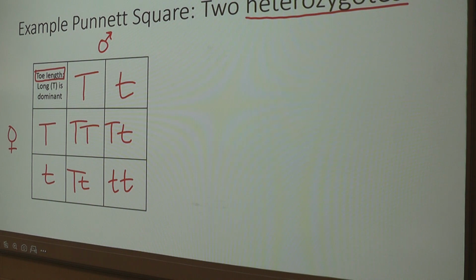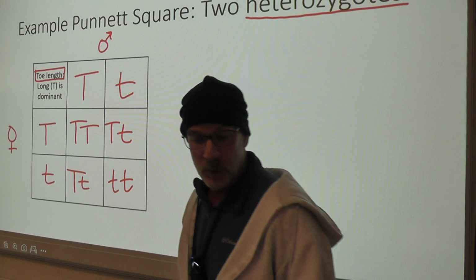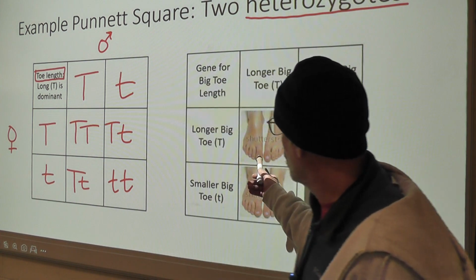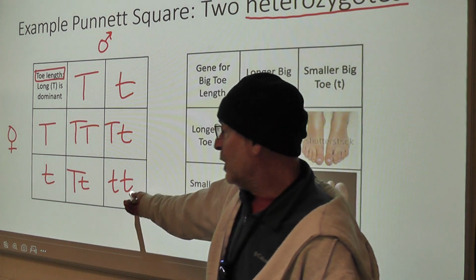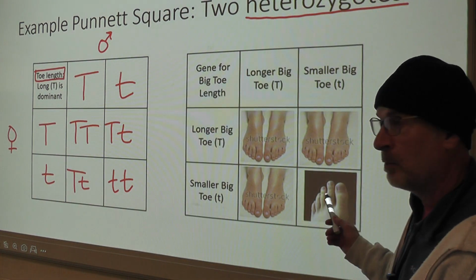What would this look like? Well, all three of these possible gamete combinations would result in somebody having a longer big toe. This gamete combination would result in somebody having a shorter big toe.